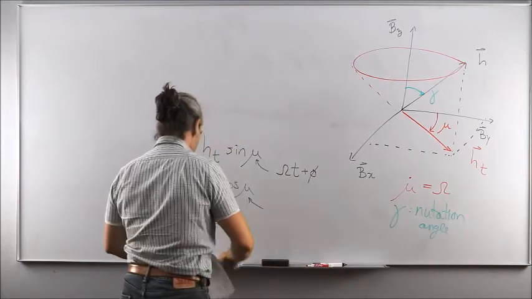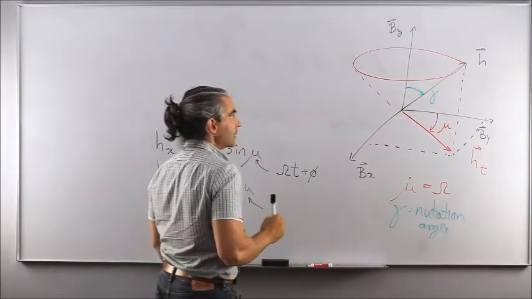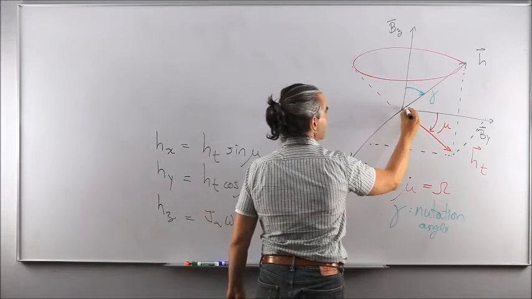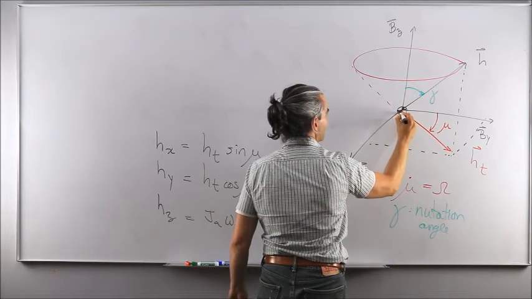So let me summarize the motion of the angular momentum vector seen from the body fixed reference frame, which is located at the center of mass of our spacecraft.